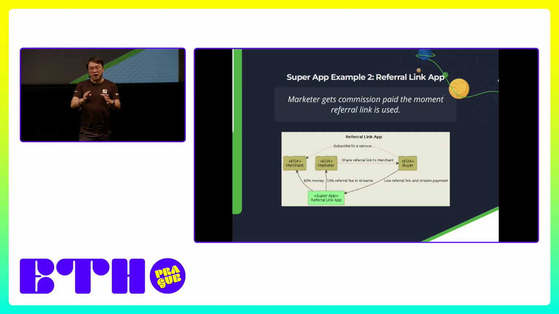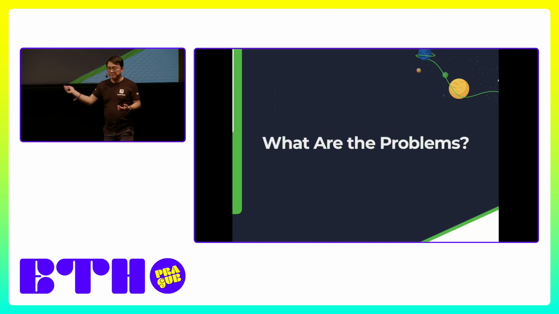Then the marketer automatically gets a certain percentage, let's say 10% commission, so long as the ongoing purchase from the buyer to the merchant is ongoing. That kind of atomic composed stream enables this scenario where the marketer gets a commission so long as the purchase is ongoing. That's a super powerful thing enabled by the callbacks again, right?